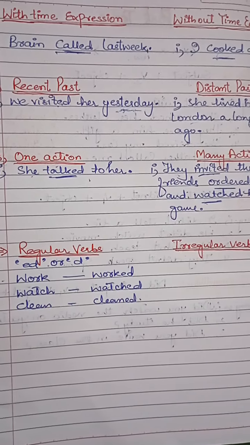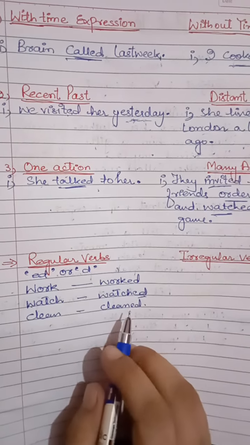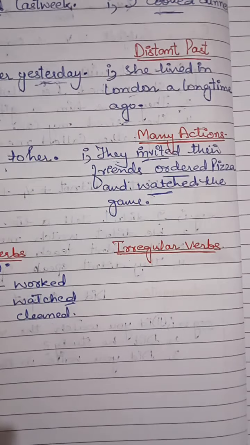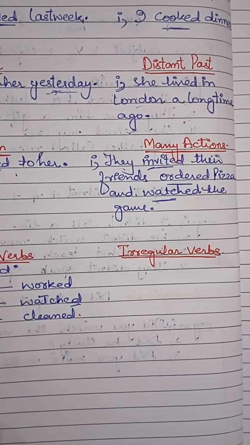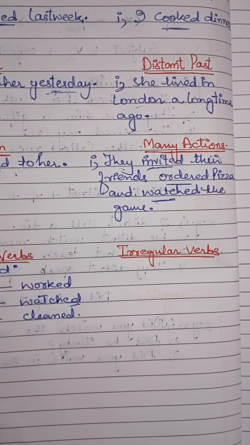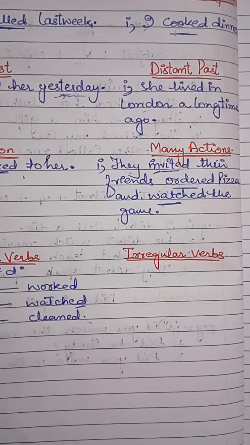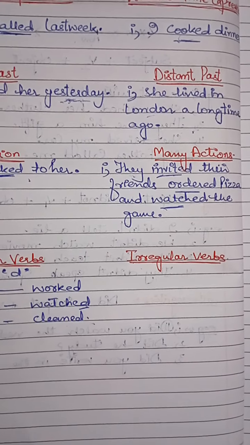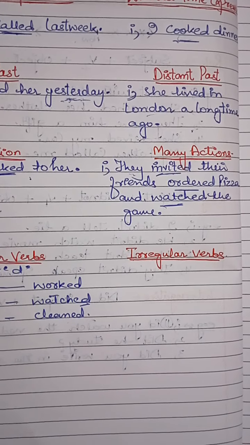This is the most common ending, ed. In irregular verbs we don't have a past tense form which has ed. In irregular cases, sometimes the verb changes a little bit and sometimes it changes completely.